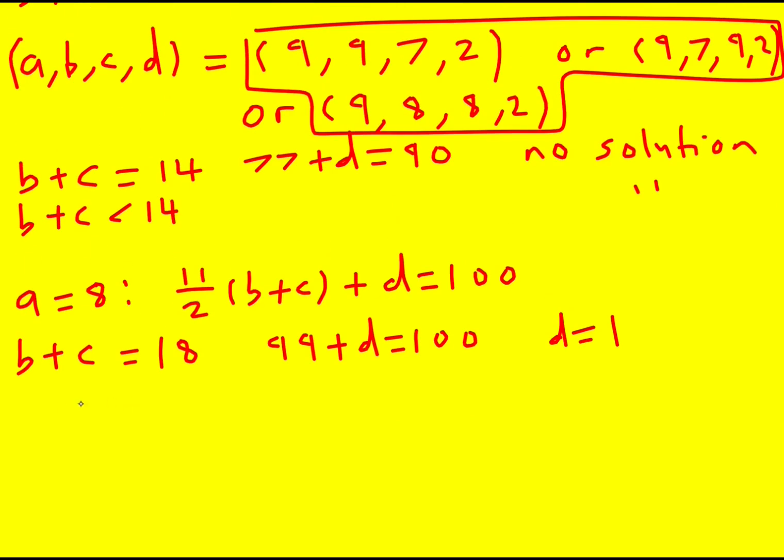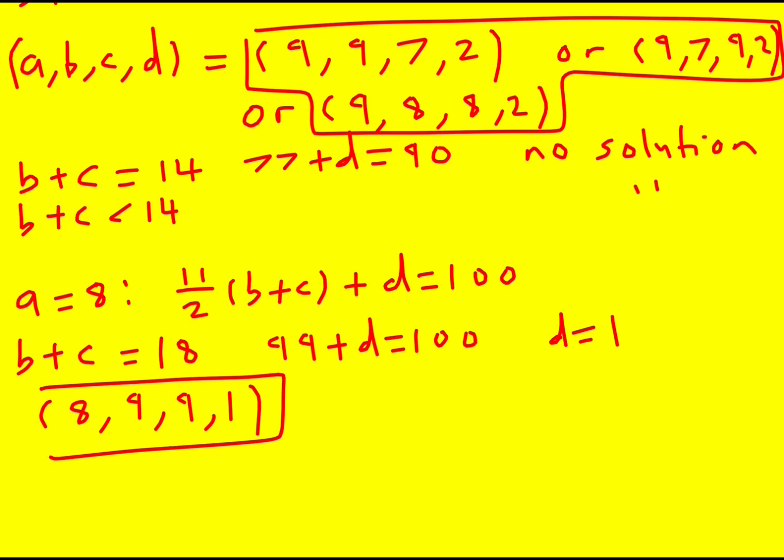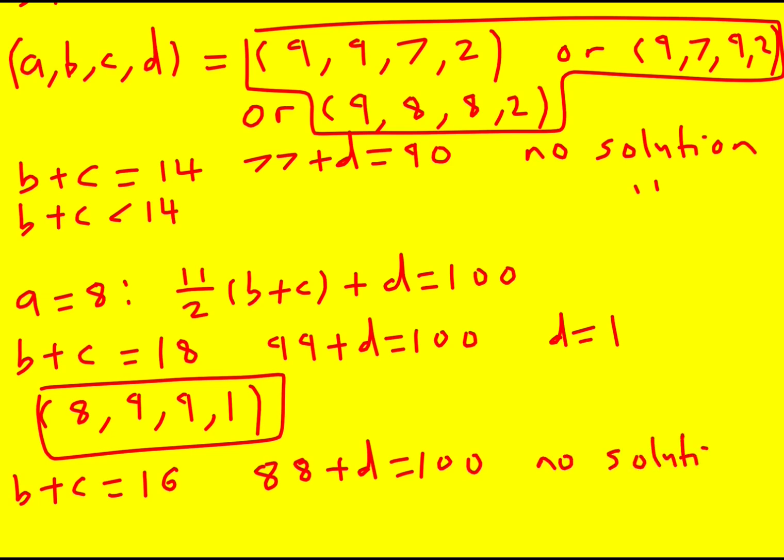So then I would get 8, 9, 9, 1. If B plus C is equal to 16, then I'd get 88 plus D is 100. No solutions to that. And there's no solutions for less than 16.